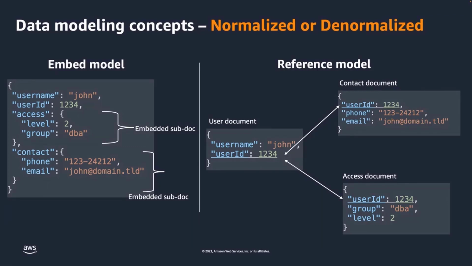With larger documents, the working set will also be larger, which means memory requirements may be higher in order to cache the data, because otherwise you may see performance degradation, or you may have to upgrade and increase infrastructure cost. With the reference model, you will have smaller documents. The working set will be smaller, hence fewer memory requirements. But on the other hand, with this model, you'll have to perform more queries or joins to retrieve all the data needed for an entity.